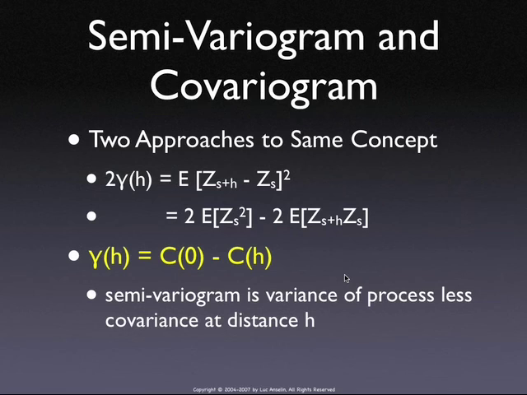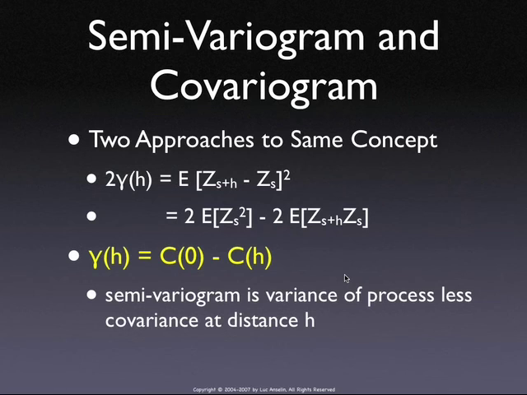Now, why would you want to do this? Statisticians and models don't like to work with squared differences. They like to work with covariances. Now, in many practical cases, it's easier to estimate this than it is to estimate that. And why is it easier? I just mentioned it. Because you don't need to estimate the mean. So that's easy.